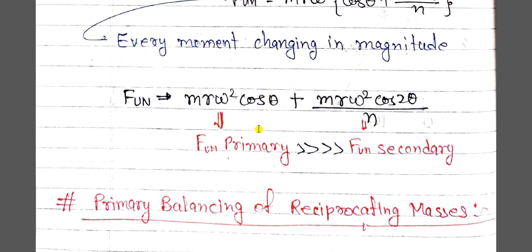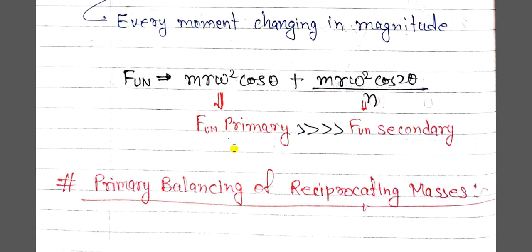So if we want to balance the reciprocating mass, we should concentrate more on primary forces, since secondary forces are less in magnitude.